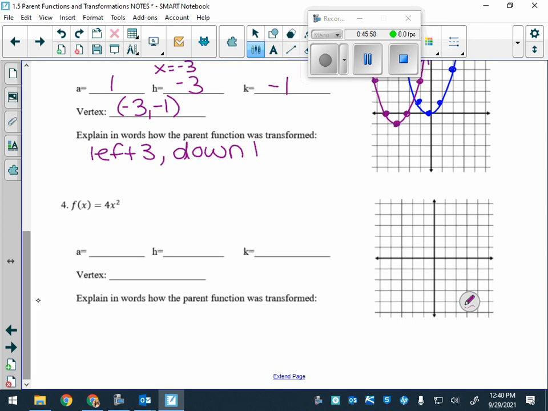Number 4. What is my a value? Sam? H. 0. K. 0. What's my vertex? Yep. 0, 0. What kind of transformation is happening?